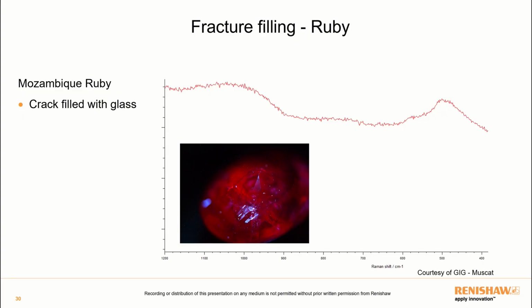Commonly the used glasses contain lead that can be detected at the microscope like a flashing effect, or better using chemical analysis. Starting with the year 2010 in Mozambique, glasses with no lead have been used to fill ruby cracks, and Raman has shown to be a very quick method to identify glass in ruby cracks.